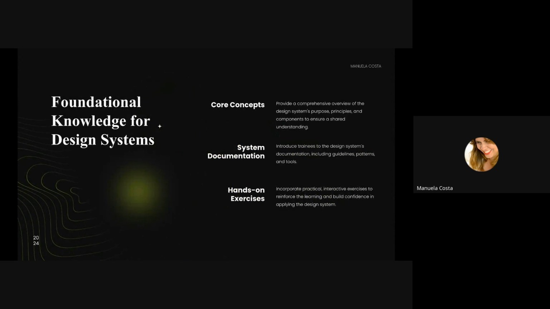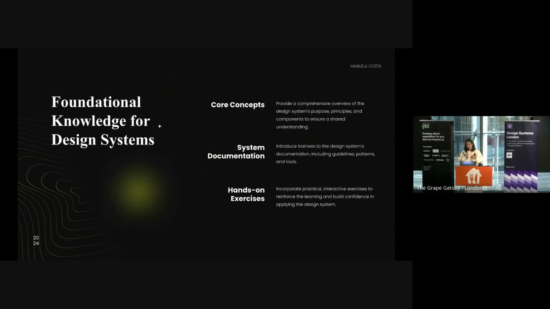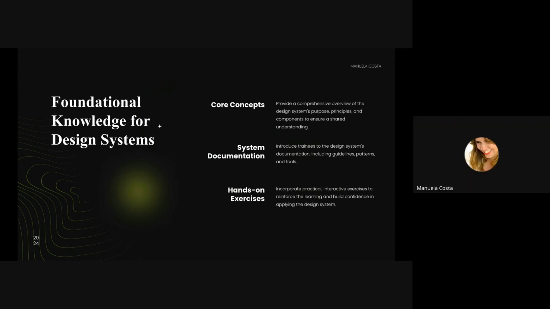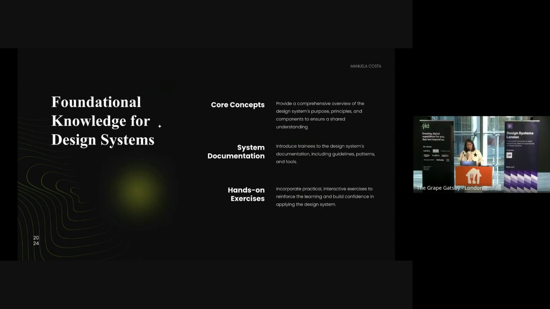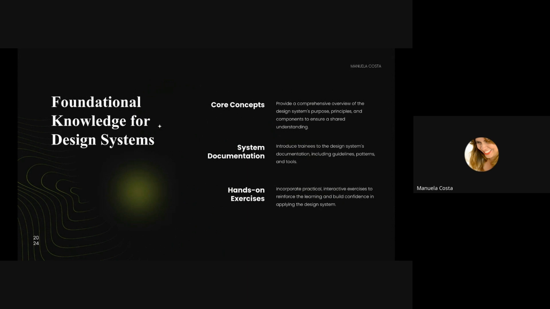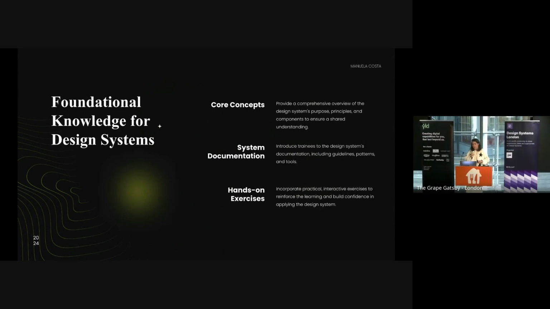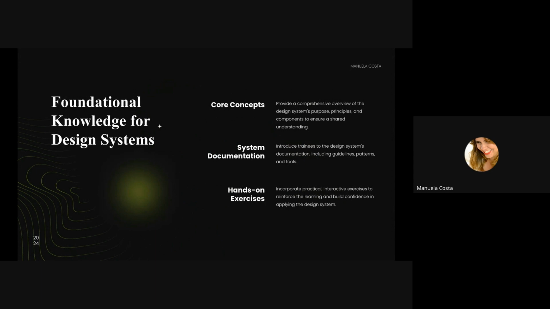So the first step to promote adoption is to know what the foundational knowledge for the design system is. We need to provide a comprehensive overview of the design system purpose, principles, and components to ensure that everyone is on the same page. Everyone in the company needs to understand that. We need to introduce the design system documentation, including guidelines, patterns, and tools.